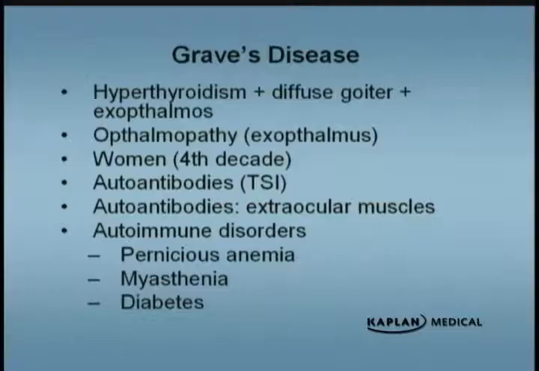Now, these patients also have autoantibodies that cause the ophthalmopathy, the extraocular muscle antibodies. And one of the things that they ask us on the boards is, after we treat the patient with Graves' disease, are there any of the symptoms and signs that get worse? The answer is yes.